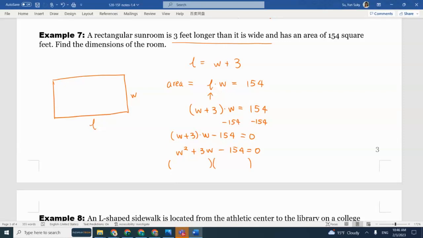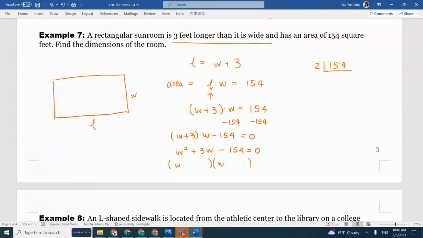And then, okay, the problem is 154. What are the factors of 154? Let's try to figure that out. First of all, the last digit is an even number, right? So it's divisible by 2. Everybody?